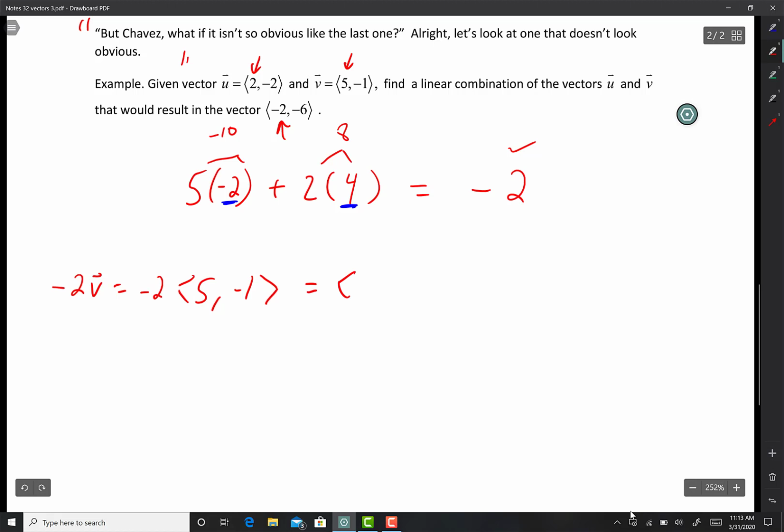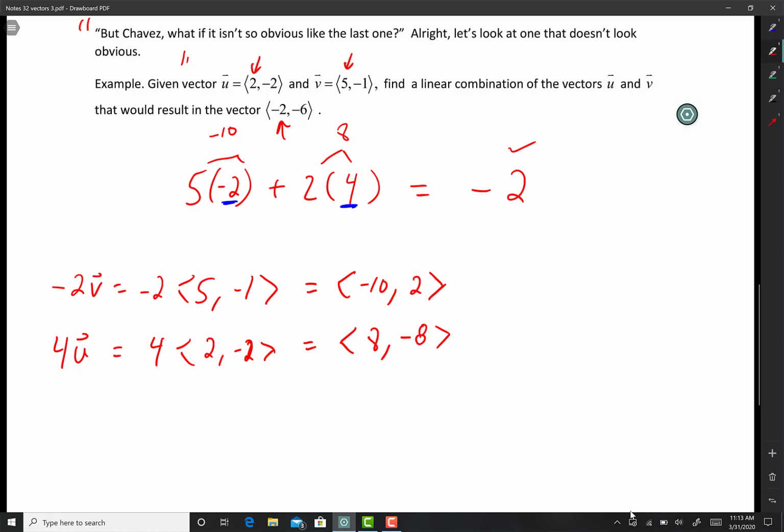So that is negative 10 comma positive 2. And then I need the 4u. So 4u is going to be 4 times 2 comma negative 2. So I get 8 comma negative 8. All right, so let's see if this works.